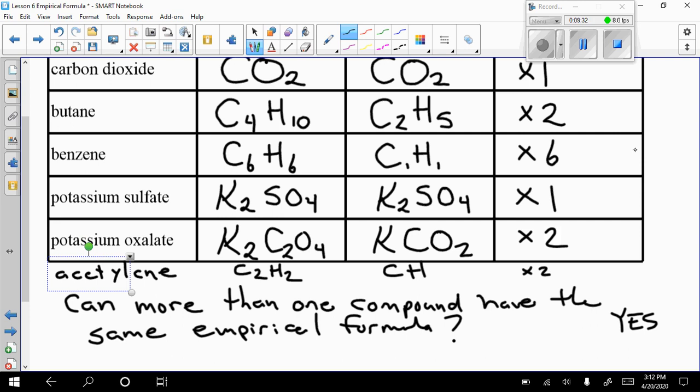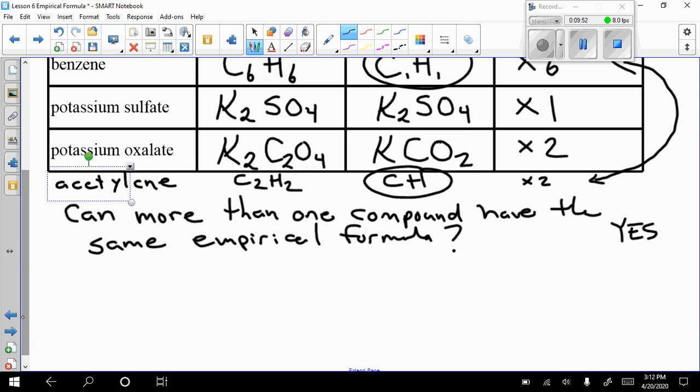So look at this, benzene and acetylene actually share the same empirical formula. Now, it's important to note that they have very unique molecular formulas, and that's fine. So yes, more than one compound can have the same empirical formula.